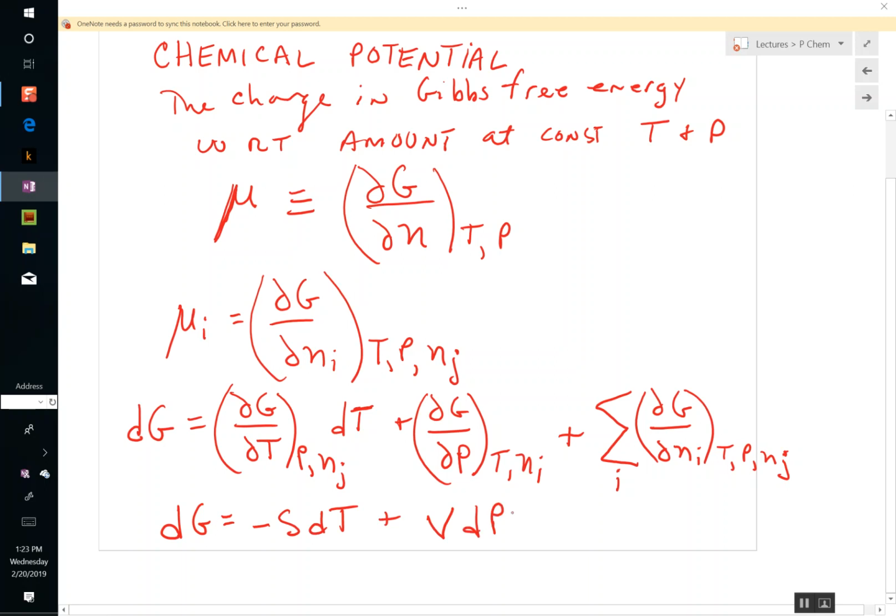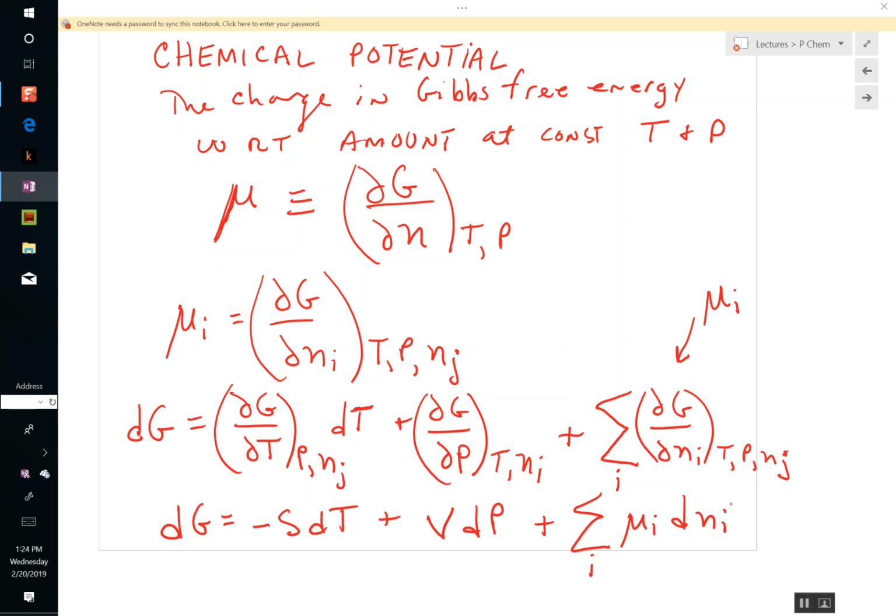So that's what we had before we started thinking about even a change in the amount of the materials in the system, plus this sum, and this here is the chemical potential for component N_i. So this is going to be chemical potential times the change in the amount of N_i.